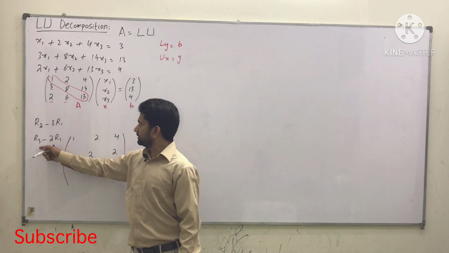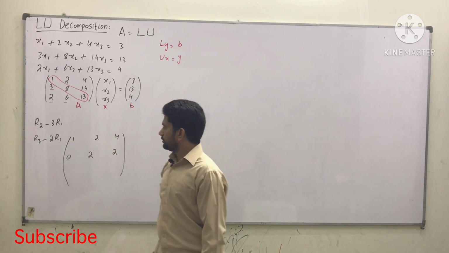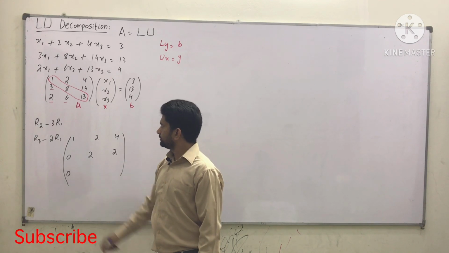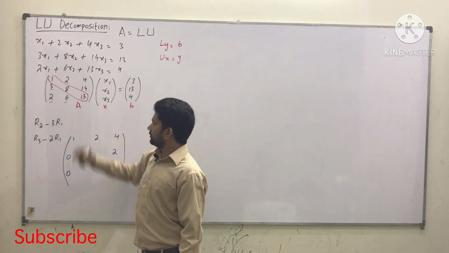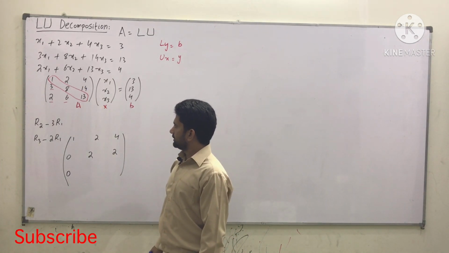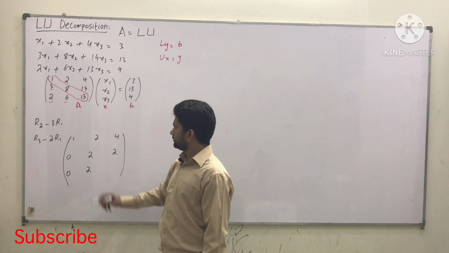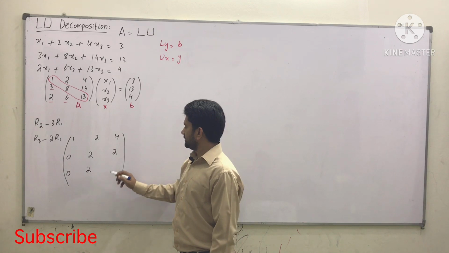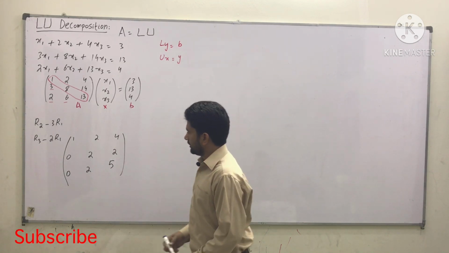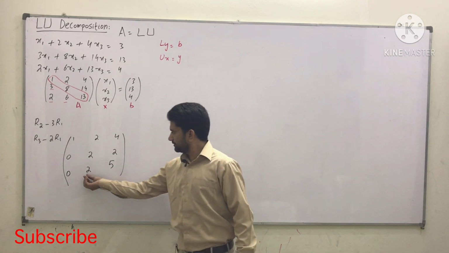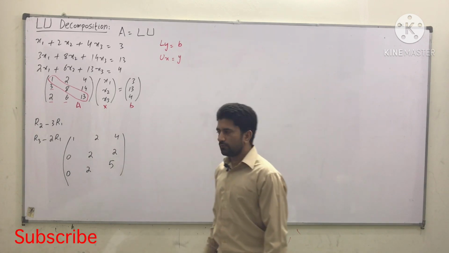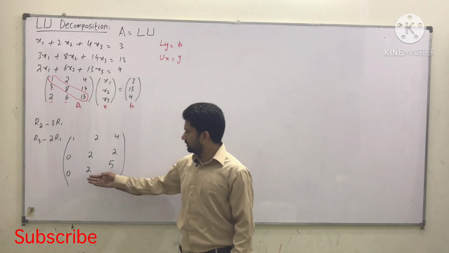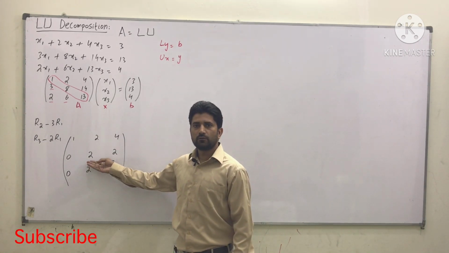Then for this operation multiply by 2: 2 minus 2 is 0; 2 2s are 4, 6 minus 4 is 2; then 4 2s are 8, 13 minus 8 is 5. Now this is left. So this can be 0 if I subtract row 3 and row 2.